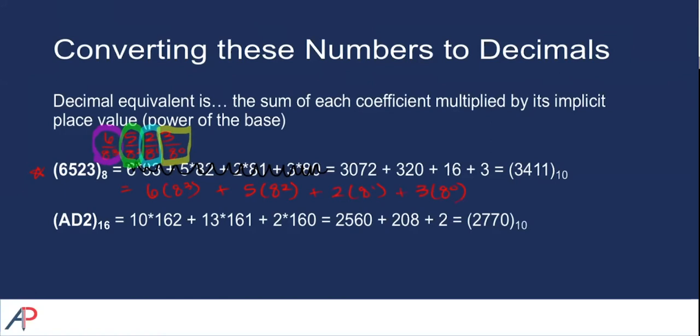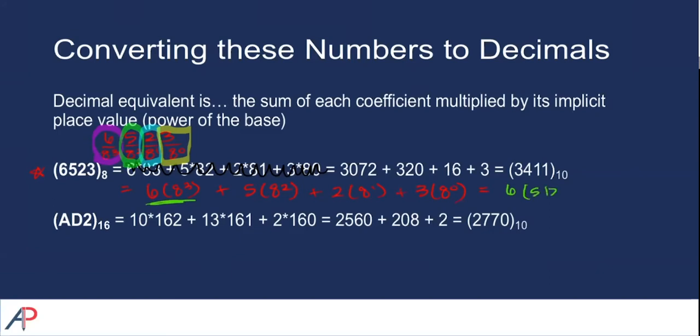So 3 times 8 to the third power ultimately should get you 3072, but we could verify if my math above is correct. Let's solve the rest of this. Sorry, not 3, 6 times 8 to the third power. 8 to the third power is going to be 512.